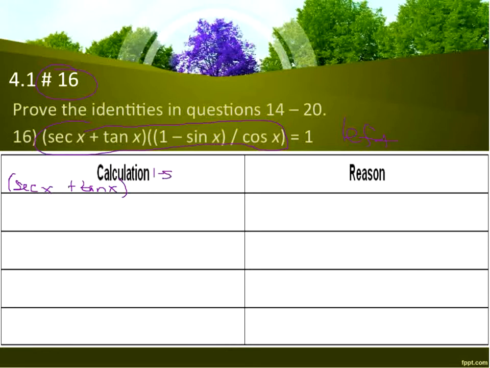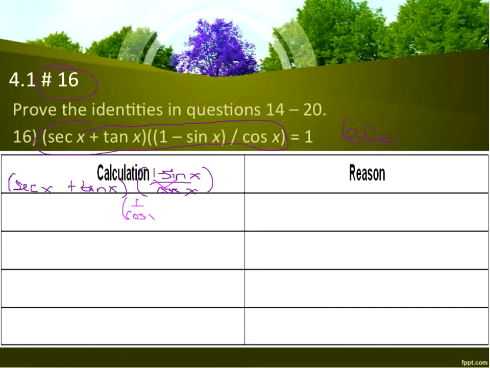What they did with this portion over cosine x. So right now it looks like this. The first thing they tried to do is get rid of their fractions. So that was what they did first. So let's do that first, because it is going to actually make it easier on us if we get rid of our fractions first.